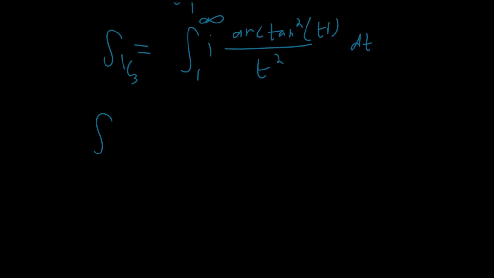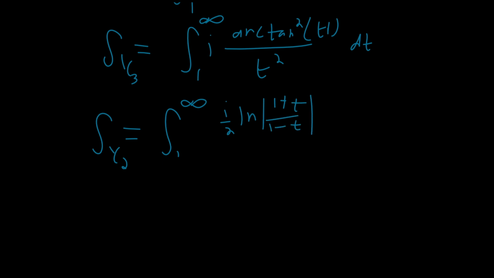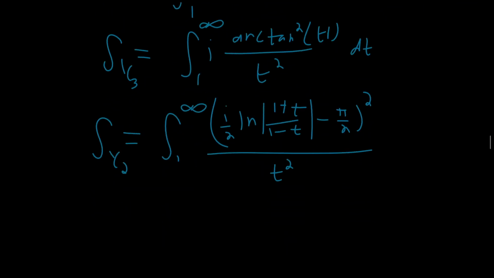So then the integral over gamma 2 is equal to the integral from 1 to infinity of i over 2 times the natural log of the absolute value of (1 + t)/(1 - t), and then minus pi over 2. And that is all going to be squared, divided by t squared, and then don't forget we have our minus i out front, dt.